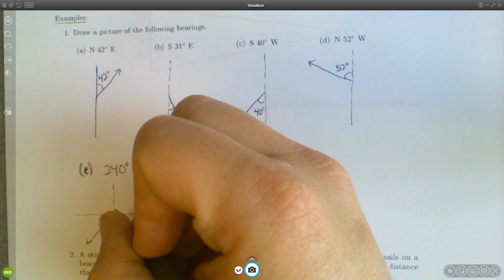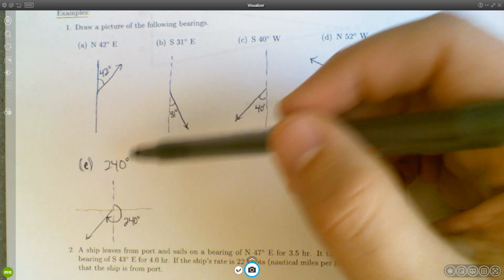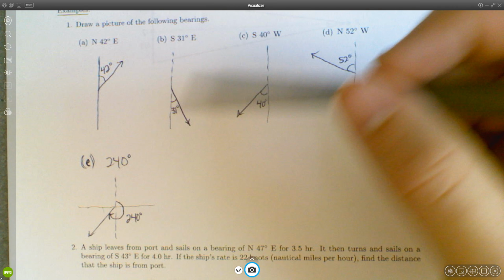It's always from the north, and it's always in the clockwise direction. So it's very different from the standard way that we think about angles, but if they just tell you that the bearing is 240 degrees, this is what they're talking about. But most of the time, this is the way that bearing is given, which is a little bit more clear in my opinion. Let's just look at an example.